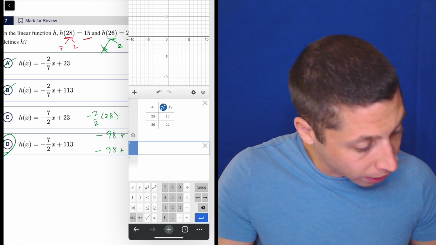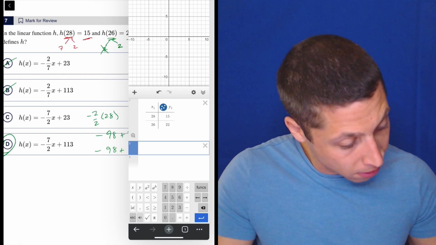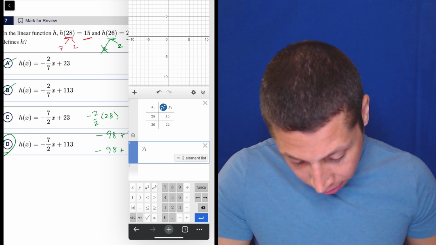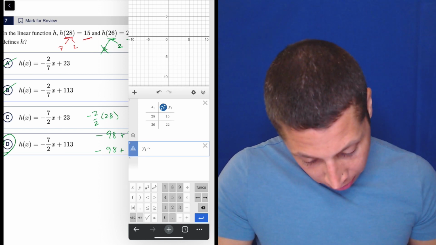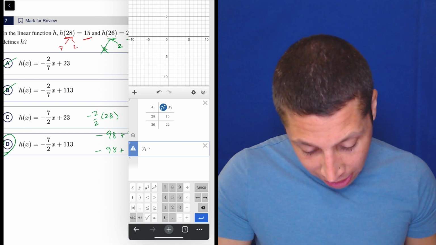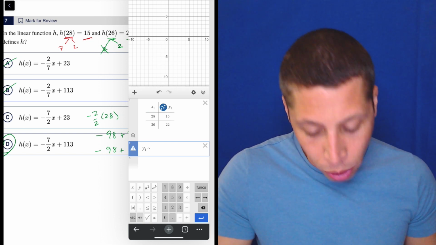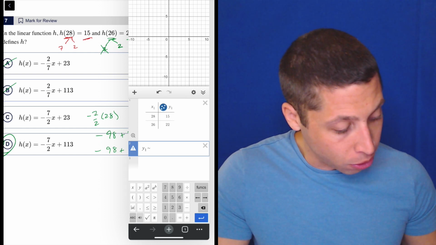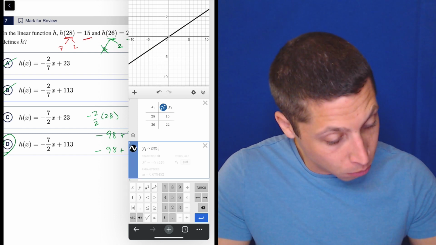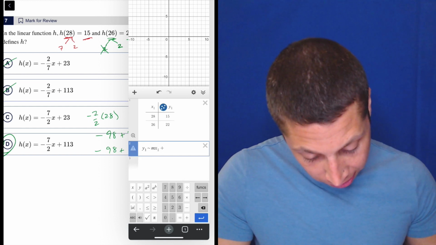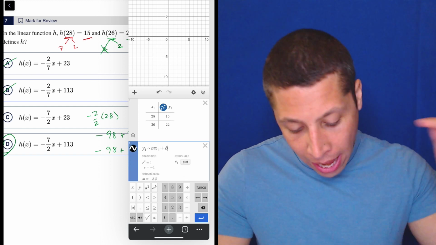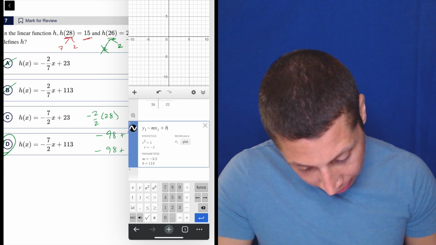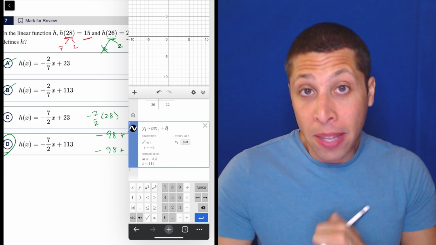I'm going to tell it, okay, I want y1, and I use the tilde, kind of top left of your keyboard next to the 1 key. That's telling it to make a regression. And then basically this is y equals mx plus b. So I can just do m x1 plus b, and I've got to tell it the x1 and the y1 so it knows to go to that table.